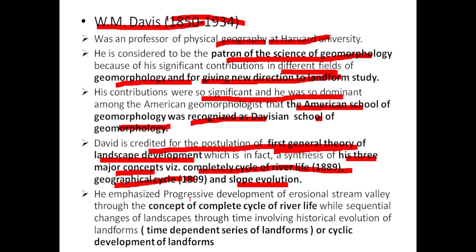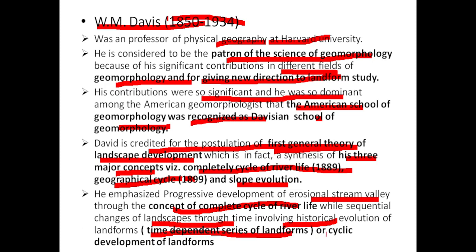He emphasized progressive development of erosional stream valleys through the concept of the complete cycle of river life, and sequential changes of landforms through time involving historical evolution of landforms. It means he postulated the concept of a time-dependent series of landforms, or cyclic development of landforms.